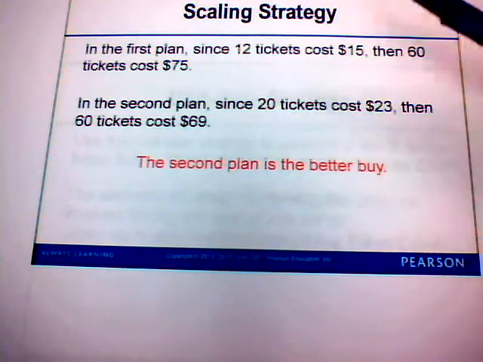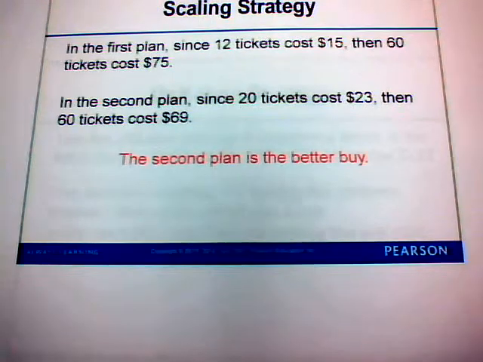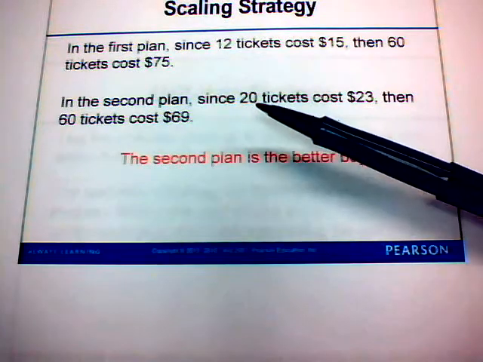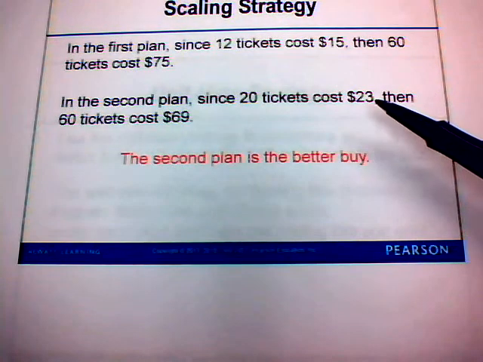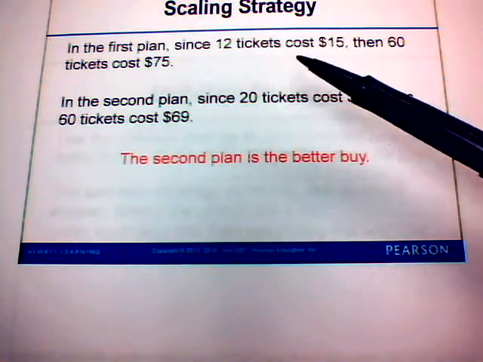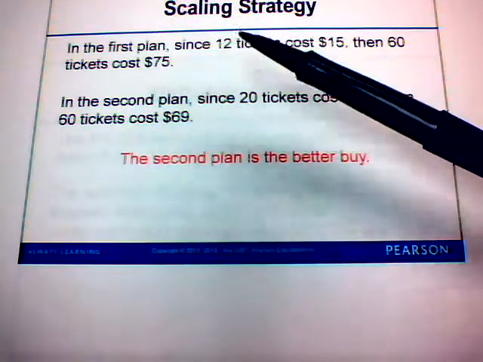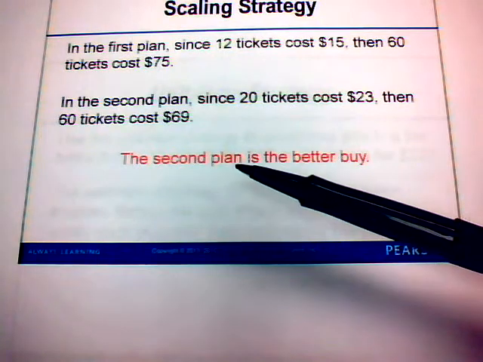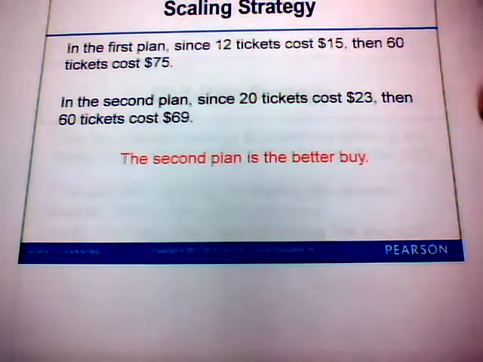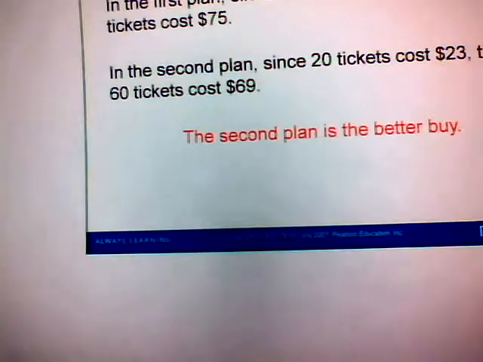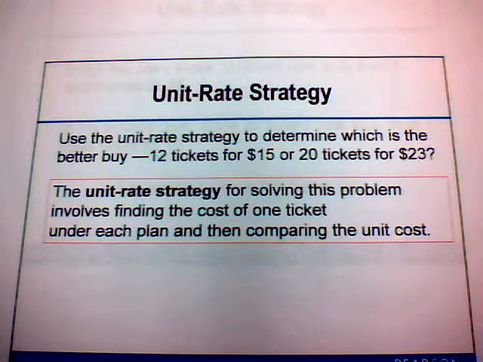And in the second plan, since 20 tickets cost $23, multiply 3 times 20, you're going to get 60 tickets. 3 times $23 will give you $69. So if you compare both of these plans, the second plan will be the better buy. So 20 tickets at a cost of $23 would be the better buy.